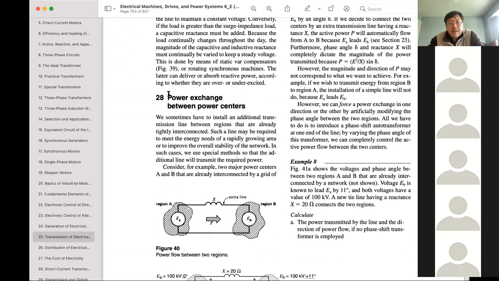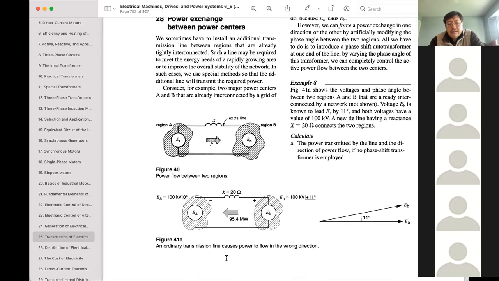That is the power exchange. So you have region A, Kansas City. You have region B, St. Louis. And then you have an extra wire between the two islands. The two islands are interconnected together.